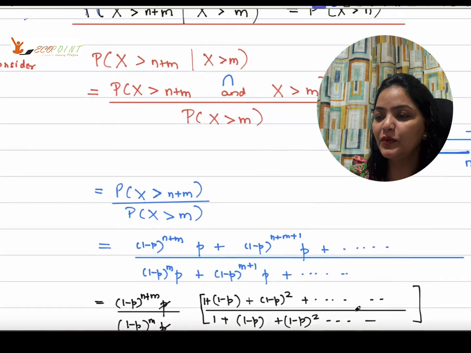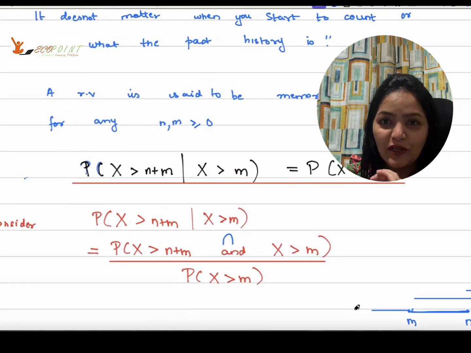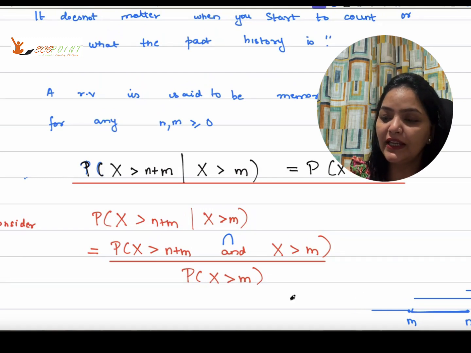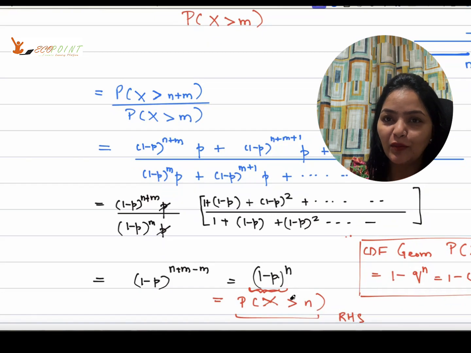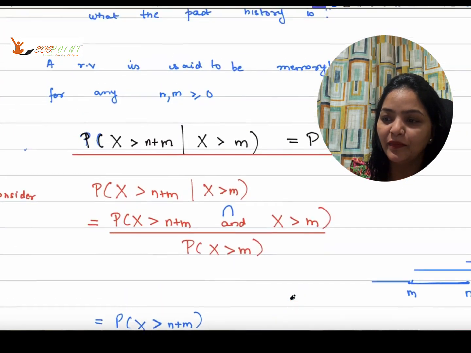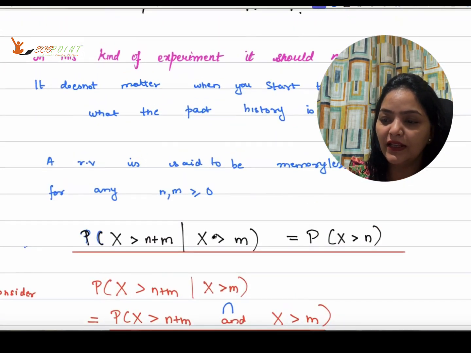That's what we are saying: this is why geometric is actually memoryless, because everything cancels out as you can see here, and what you get is just the probability x is greater than n. So the probability x is greater than n plus m, given x is greater than m, is equal to probability x is greater than n.